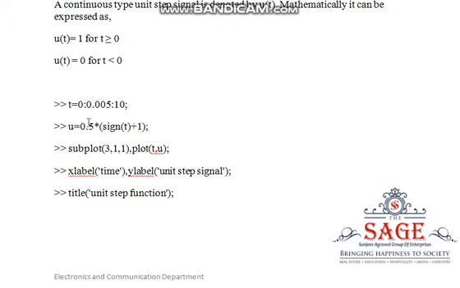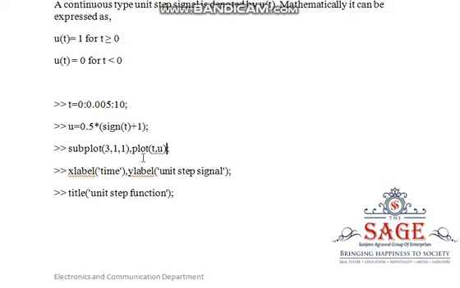Now we have to plot the signal. We will use one screen and divide it into subplots. With the help of the subplot command we have divided it into 3 rows, subplot 3, 1, 1, and given the plot as t and u. So it will use time t on the x-axis and give the value of that signal on the y-axis.